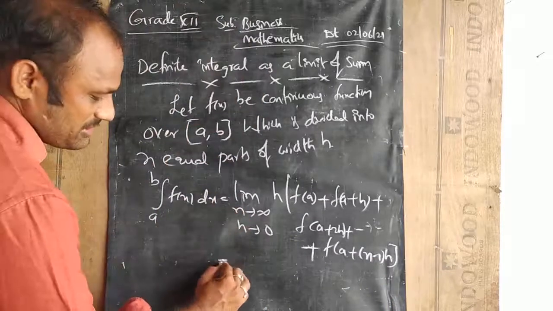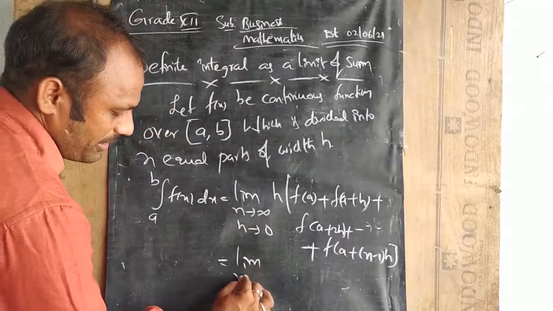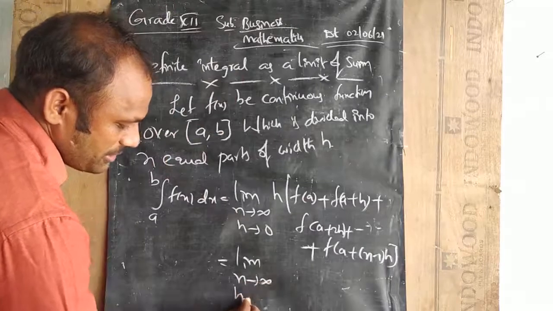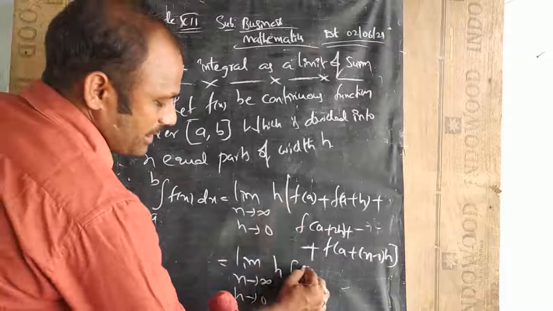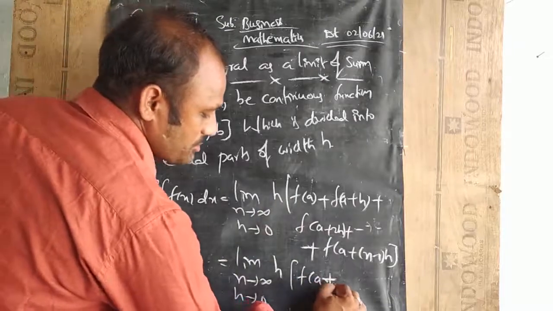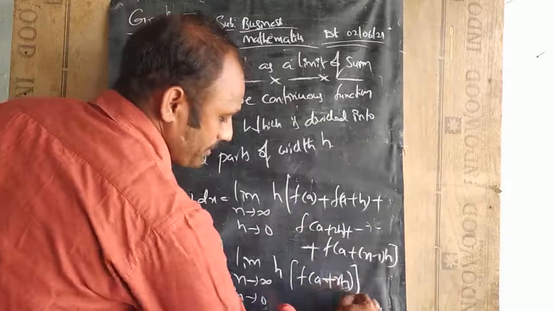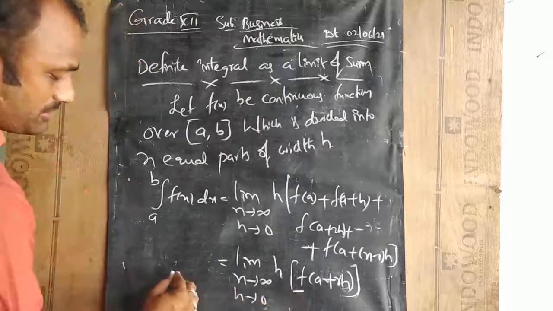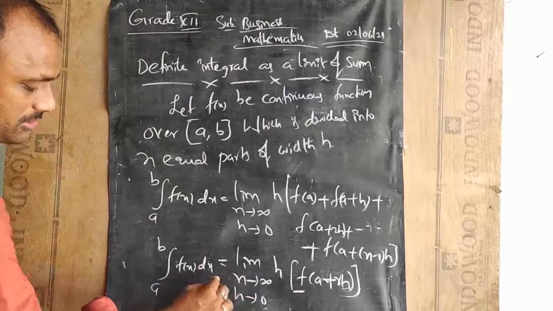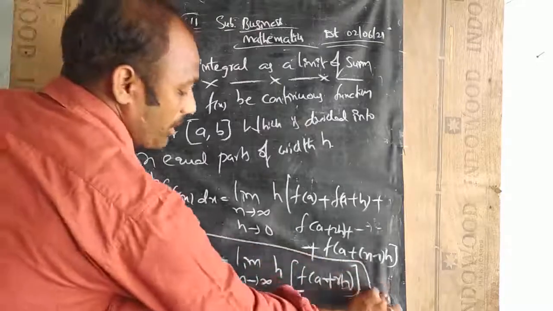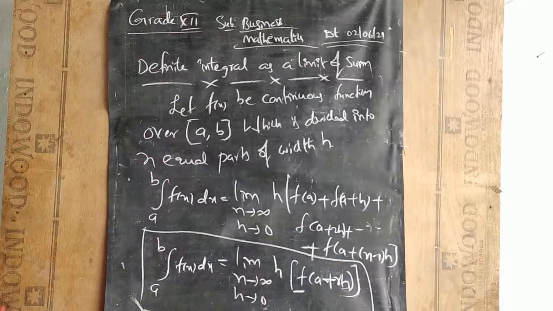So this can be represented as limit n tends to infinity, h tends to 0, h times the summation of f of a plus rh. So this is integral a to b f of x dx. This is the formula which we need to remember for solving the questions of this exercise.